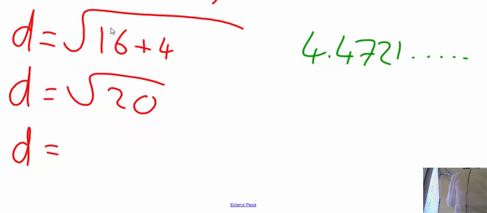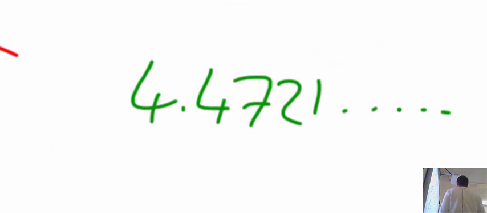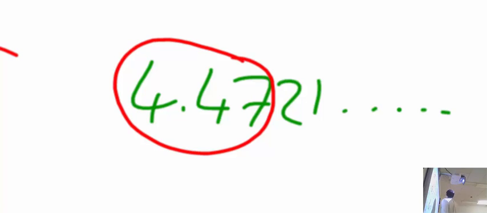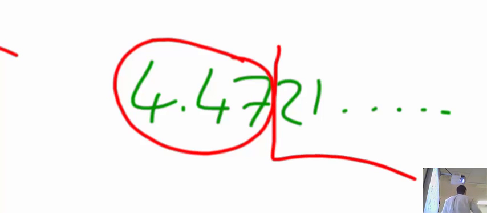Now that's the answer I need to write down here. But this number goes on and on, so you're going to round the number. You will only write down the first 2 digits from the decimal. But you need to look at the number after the 7.